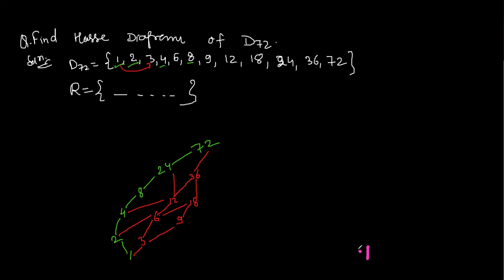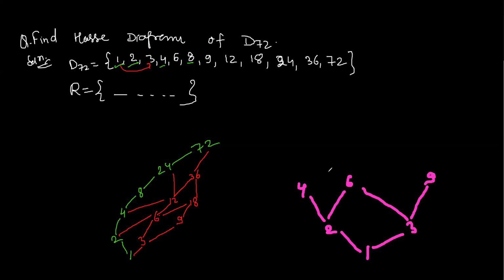1 has 2 children. 2 has 2 children, 4 and 6. 3 has 3 and 9. Right?